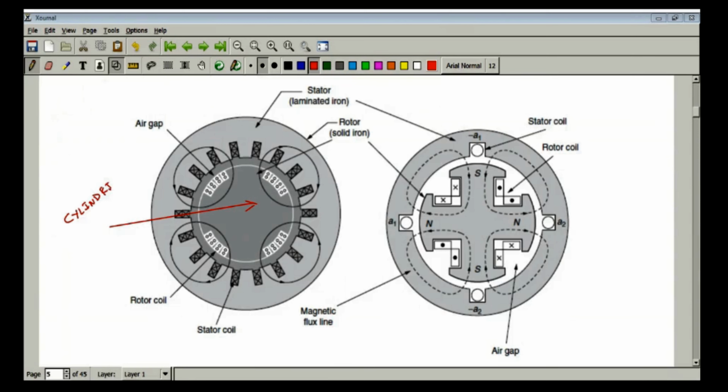This is your cylindrical rotor and this is your salient pole type rotor.